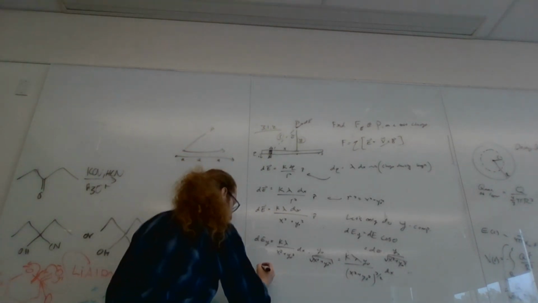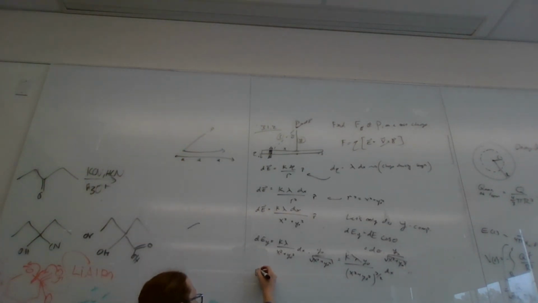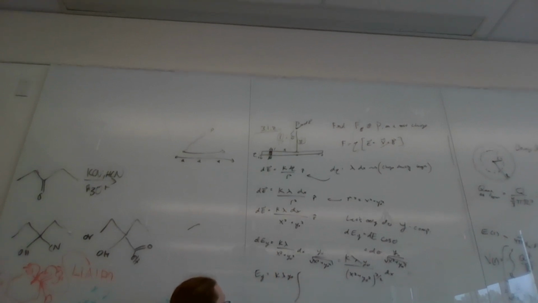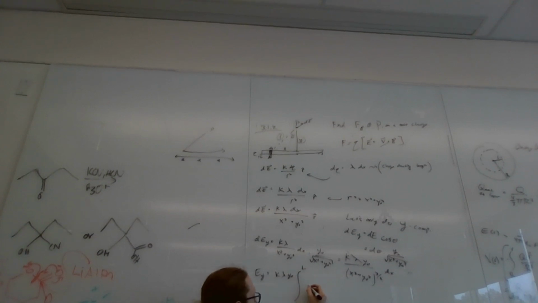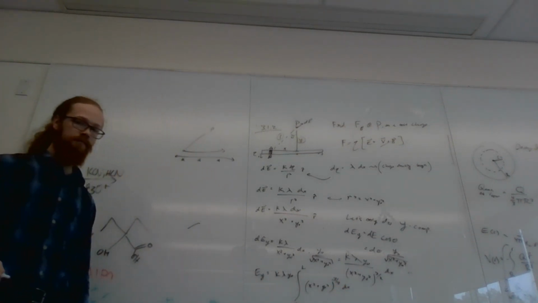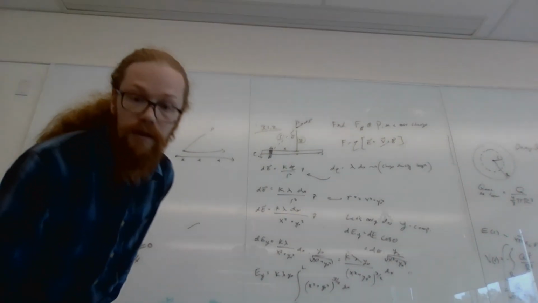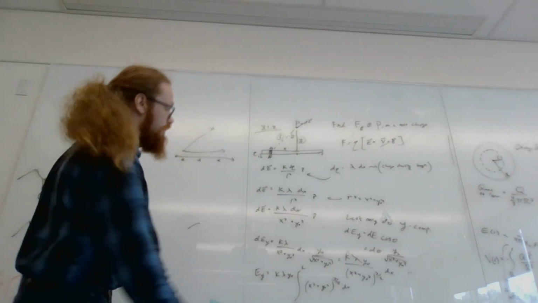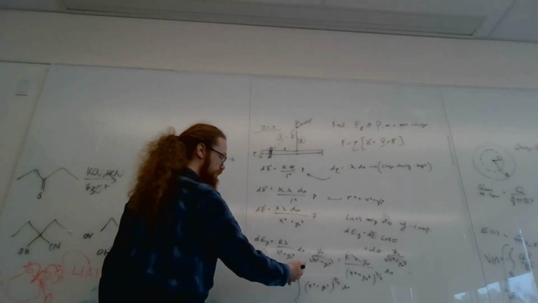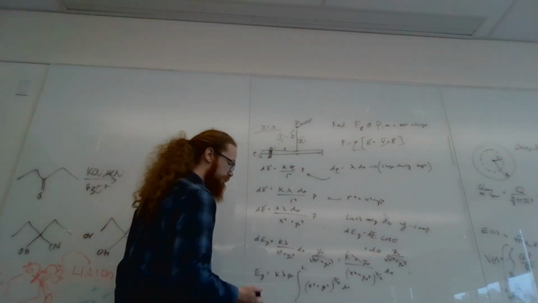In which case, Ey equals k lambda y naught, integral from minus L to plus L of x squared plus y naught squared to the minus 3 halves dx. It's an integral. You do the integral. I think you get a 3 halves will come out. Maybe a minus 1/2 left over.